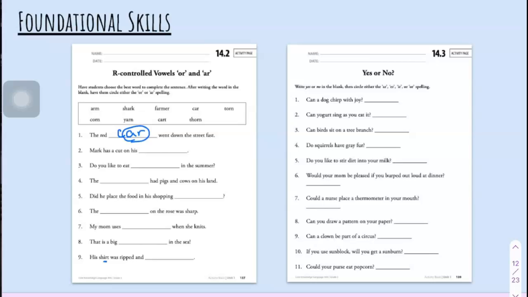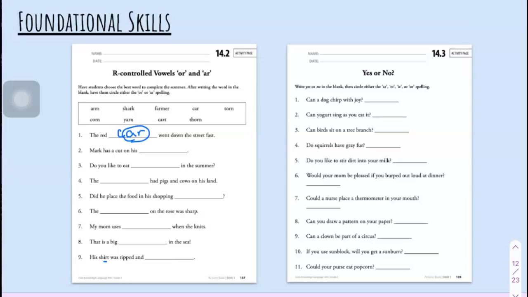Let's look at 14.3. It says write yes or no in the blank. Then circle either AR, ER, IR, or OR spelling. So number 1, can a dog chirp with joy?